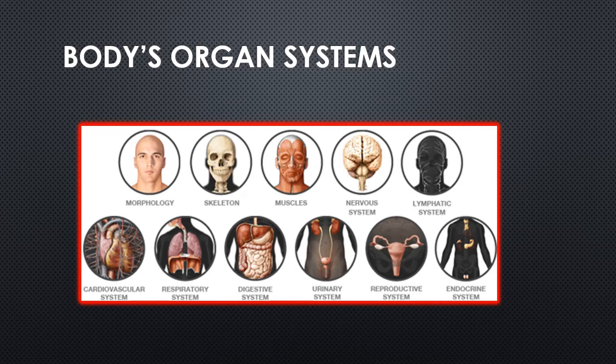Respiratory system is going to include the lungs, the diaphragm, nasal cavity, larynx. Digestive system, all the organs you see, everything from oral cavity, tracing it down the esophagus, all the way through to the intestines and the rectum.